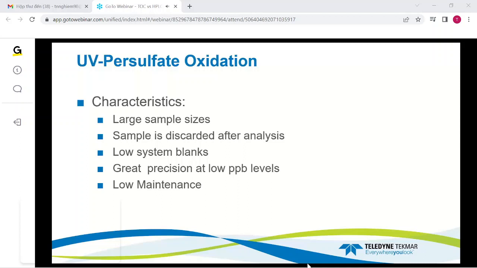So, characteristics of a UV persulfate oxidation system: yes, we can handle large sample volumes. I believe the pharmaceutical method is up to 9 mLs per sample, or 9 mLs per rep. That gives us the utmost sensitivity and utmost detection at ppb levels. Sample is discarded after analysis, low system blanks, great precision, low maintenance.